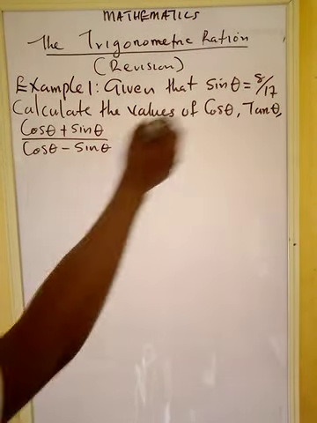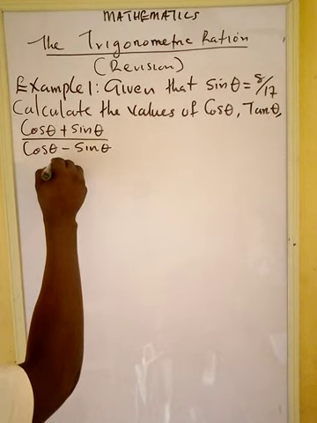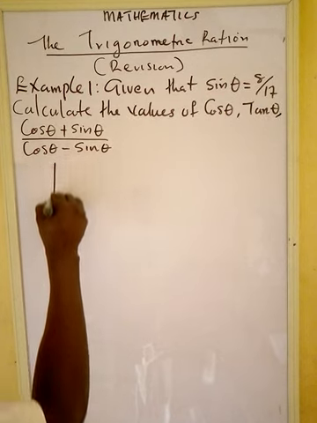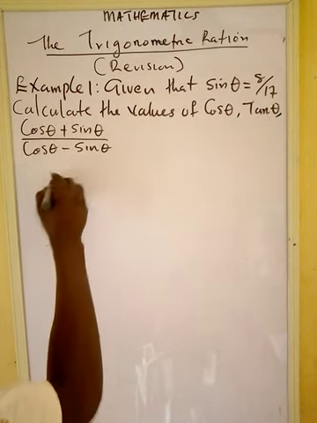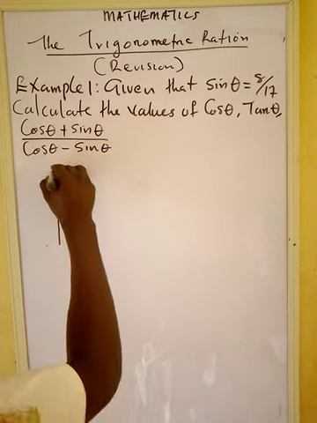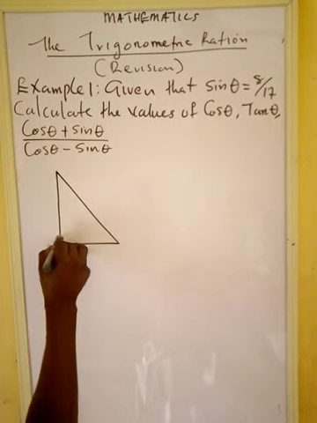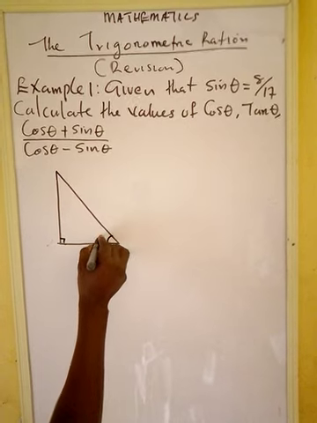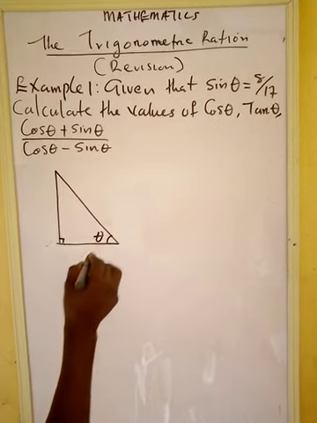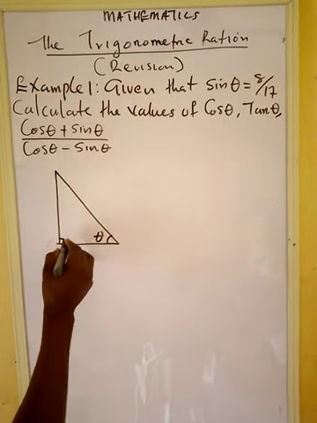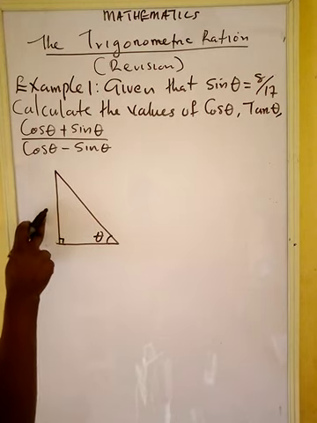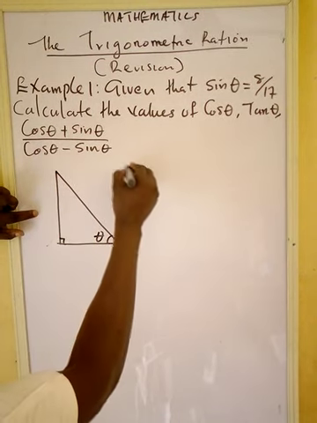So from here we have sin theta. We need to draw our right angle triangle. Let me call this angle theta.